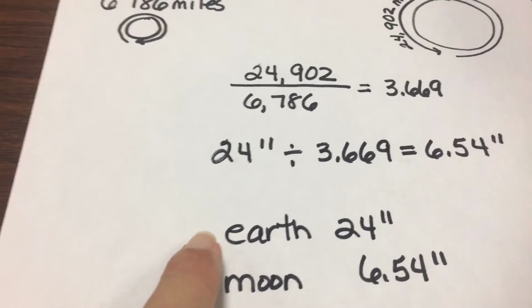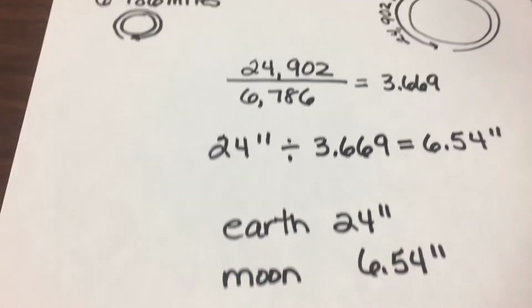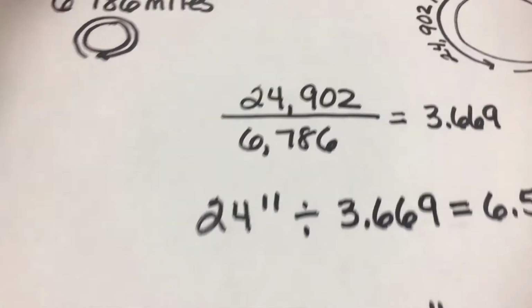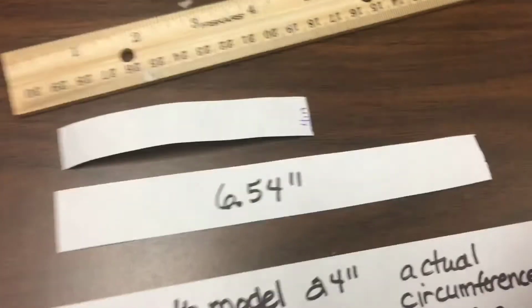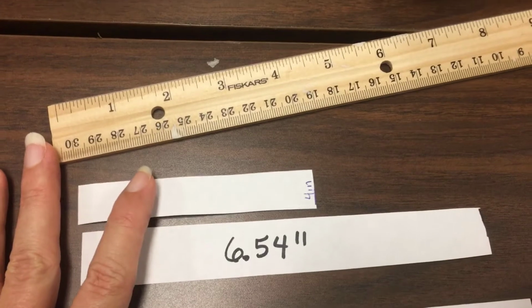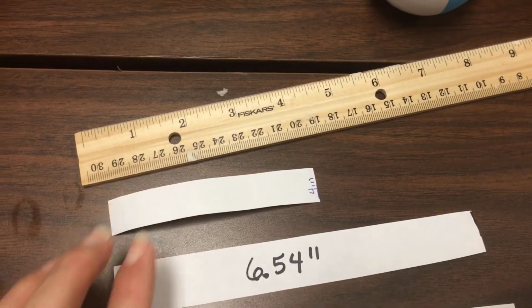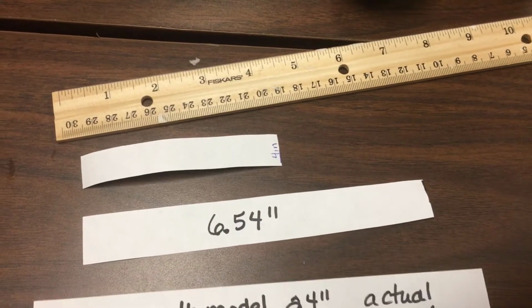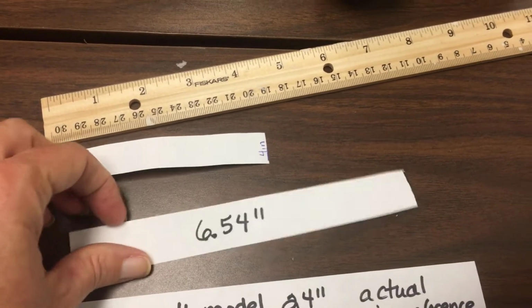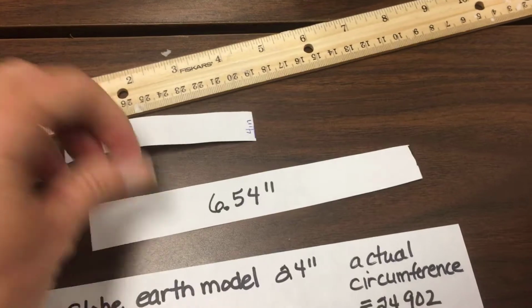That means that our model Earth is 24 inches around and our model moon is 6.54 inches. As you can see, it's more than the 4 inches that we originally calculated based on the mass, since we can't calculate it based on the mass. So this is going to be our moon.